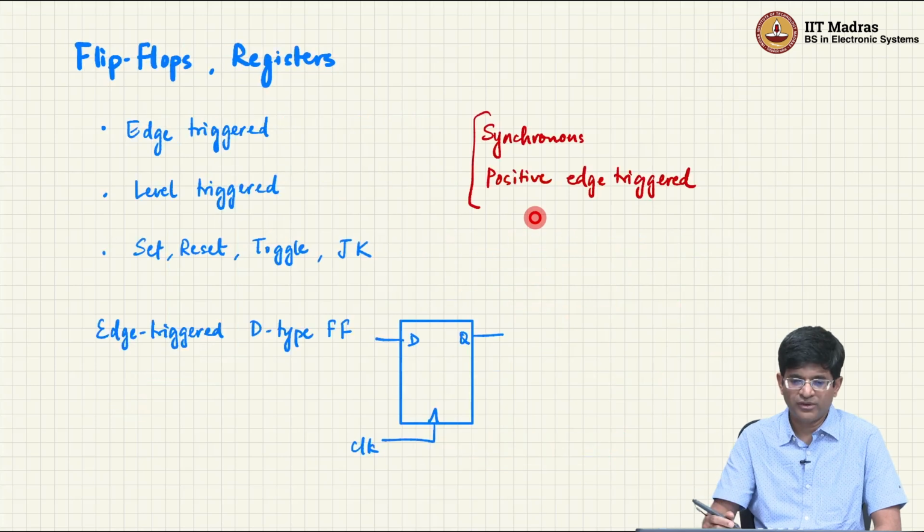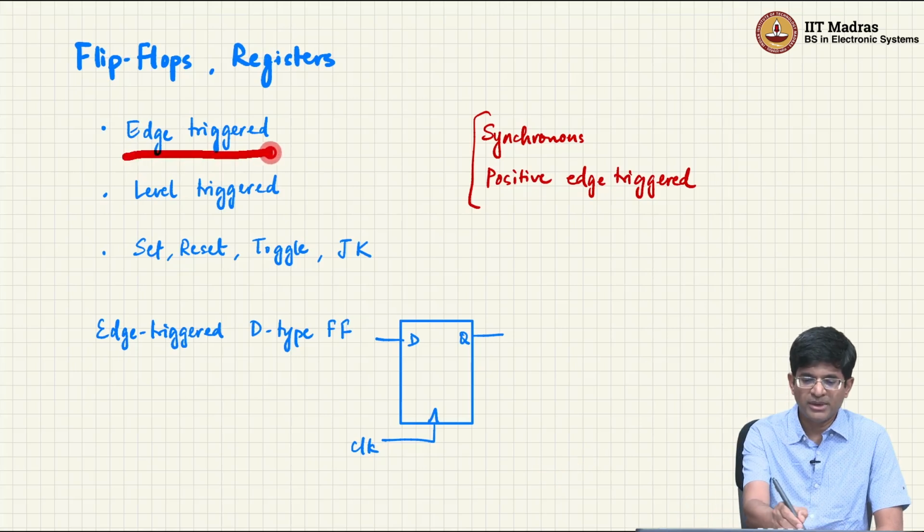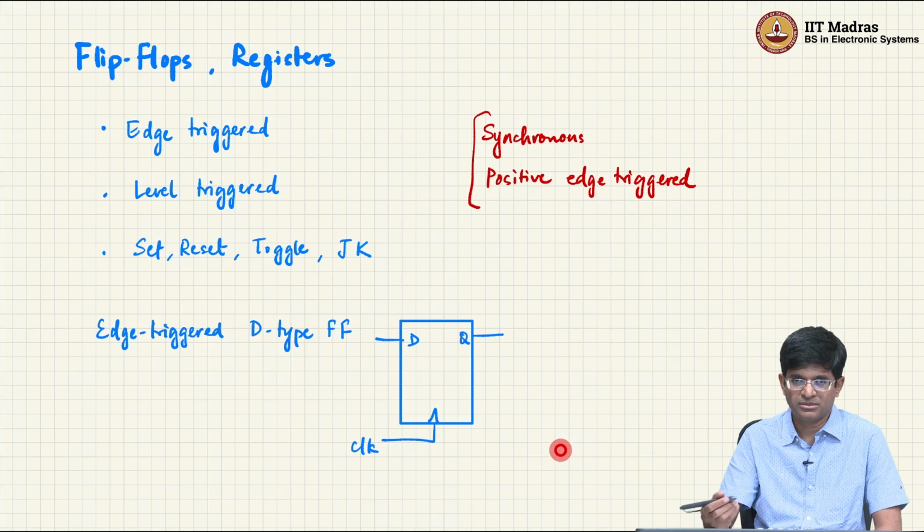Now, there are a couple of terms, in particular flip-flops and registers, that we are going to keep coming across over here. The term edge triggered is something that you should be familiar with. It refers to the fact that this flip-flop, which is essentially a term used for something that switches between two states, either 0 or 1, can change its value only when there is a positive edge on the clock, that is to say when the clock undergoes a transition from 0 to 1.